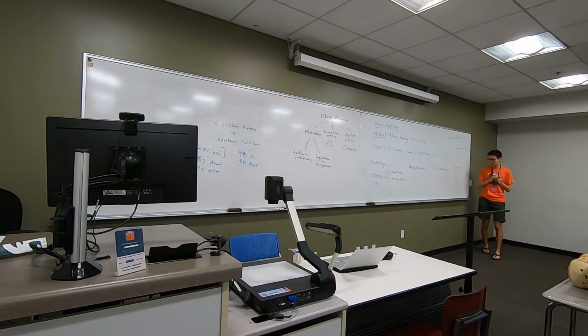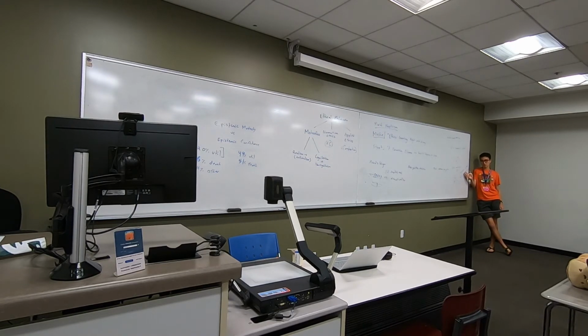So non-cognitivists think that statements like murder is bad, or you ought to help people, okay, so murder is bad, would you say that is this type of sentence where it can be true or false, or this type where it can be neither true nor false?